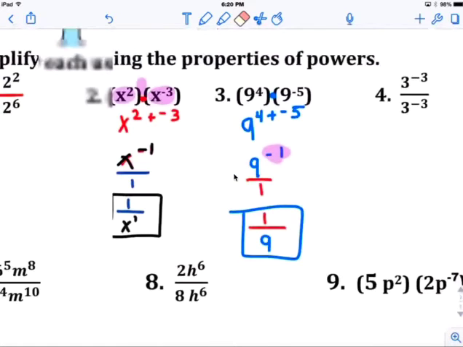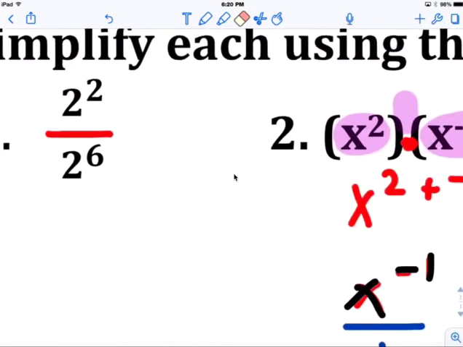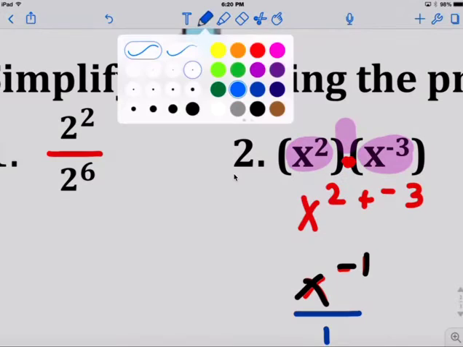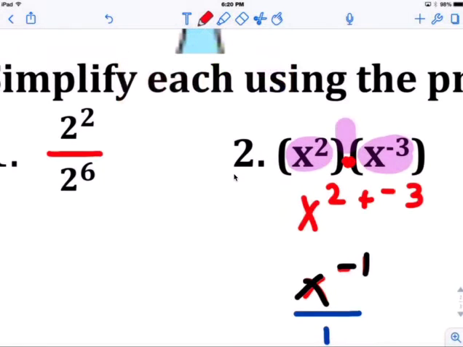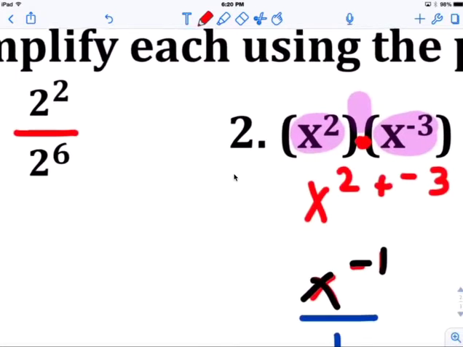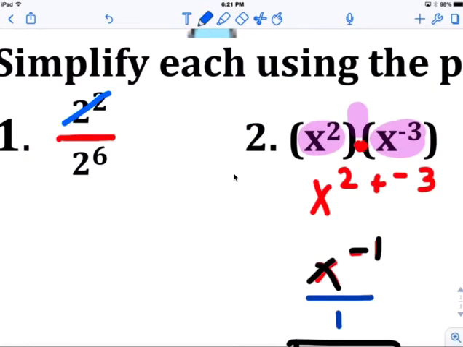Okay, let's look at the first one. This is division. Division, you subtract the exponents. So division, this means you cross 1 out, make that a 1, take it, subtract. Okay?